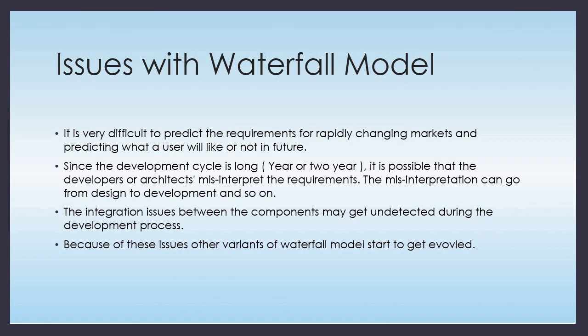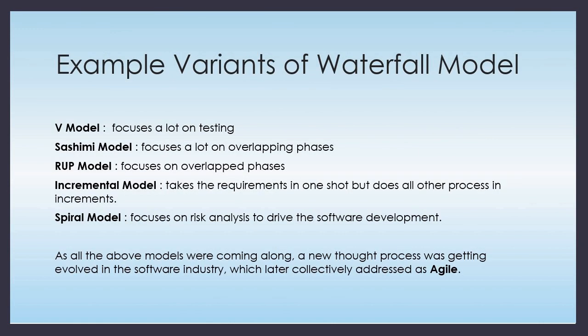Because of these issues, other variants of the Waterfall model started to evolve. Let's take a look at some of the variants of the Waterfall model. V model, which basically focuses on a lot of testing.